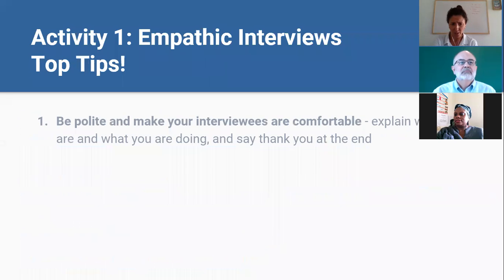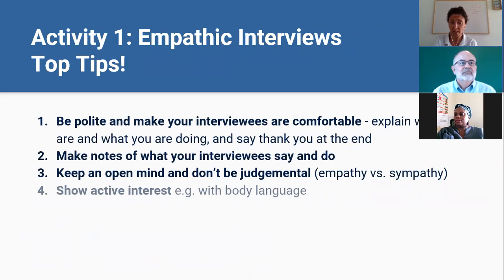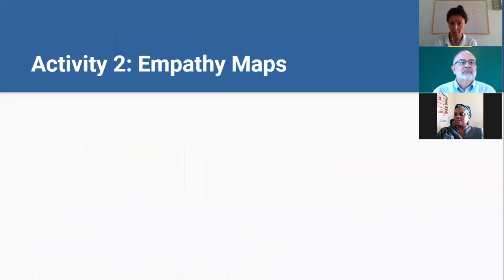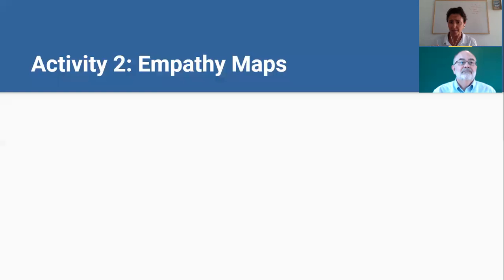Great, thank you, Olga. I'm going to move on to the second activity then, which is empathy maps. So once we carry out all the interviews, and we have all the information that we collected from potential customers, the next step will be to analyze it. So again, there's a reason why we are doing this.